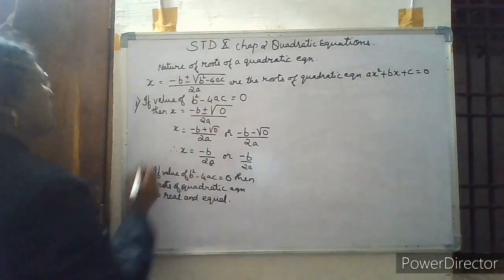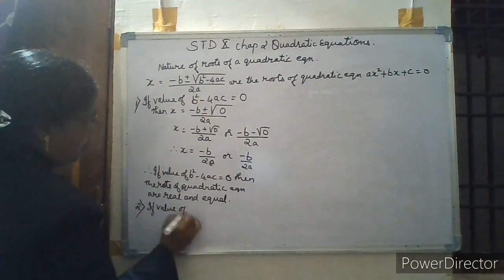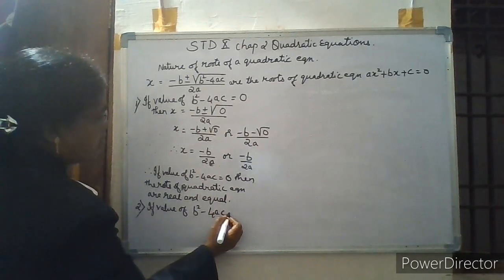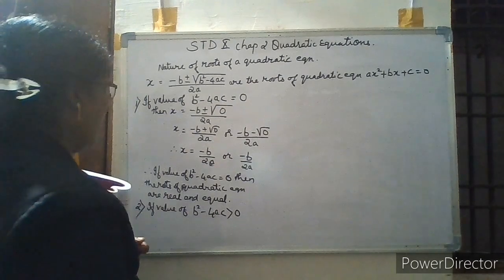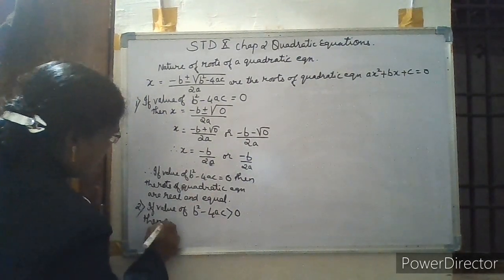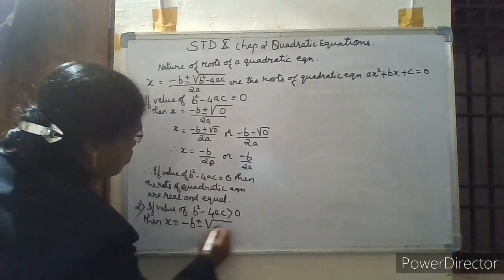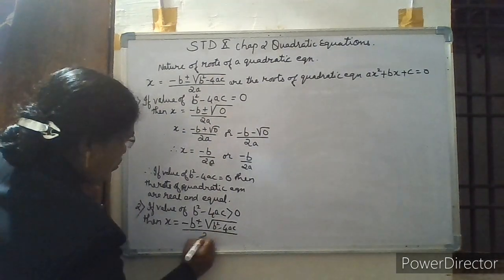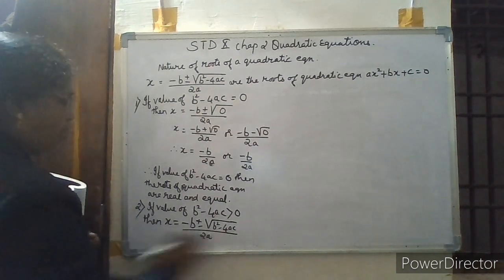If the value of b squared minus 4ac is greater than 0, then we have x is equal to minus b plus or minus root of b squared minus 4ac upon 2a. This is the value of x.